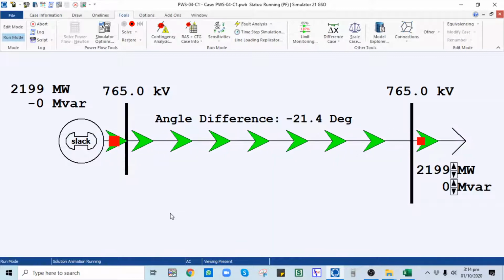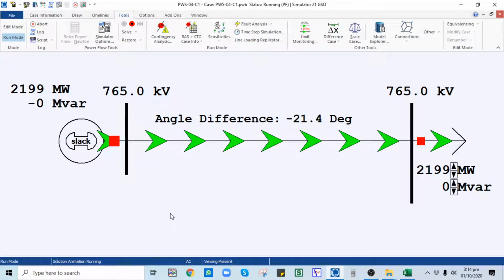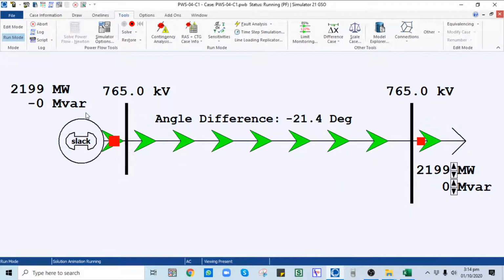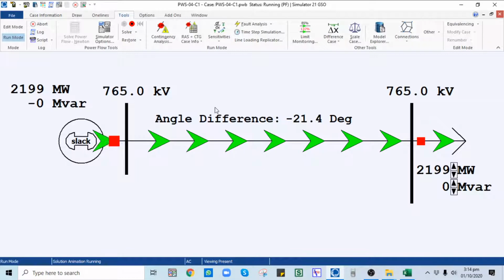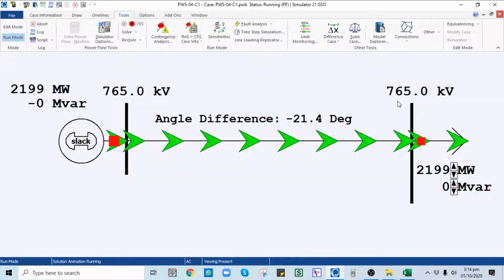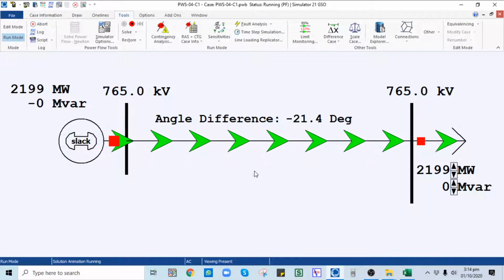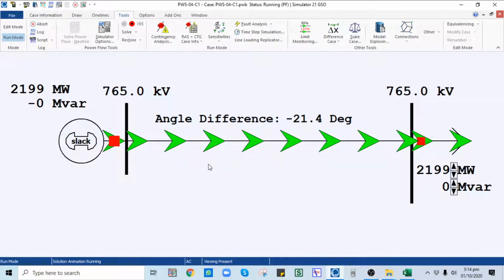So at SIL, when the load on the line is equal to the SIL, the voltage profile across the line is flat. Here you can see 765 at source end and the same voltage, 765, at load end. It means that the reactive power losses through the transmission line is 0.